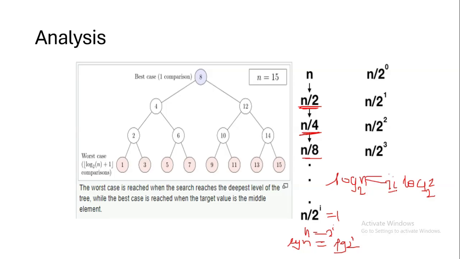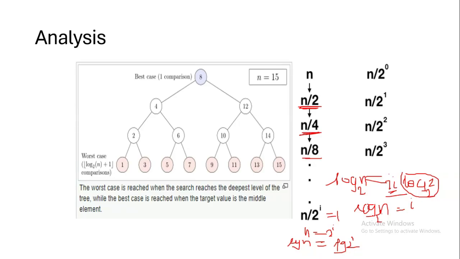Now log to the base 2 of 2 is nothing but 1. So the solution we are getting is log to the base 2 of n is equal to i.